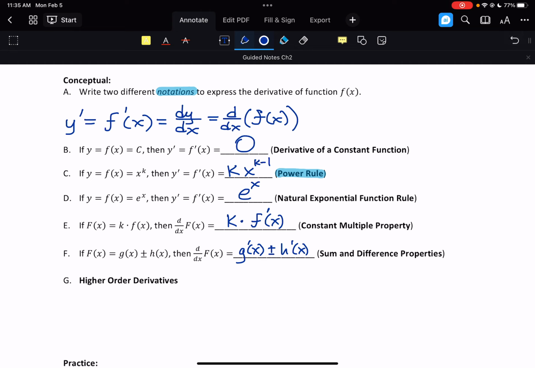So for example, if you wanted to take the derivative of the derivative, so that's y prime, to take its derivative, it becomes y double prime, or f double prime of x. With the Leibniz notation, dy dx, basically it looks like this. So this will be d squared y dx squared. That's the second derivative.